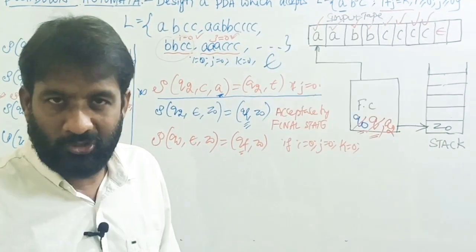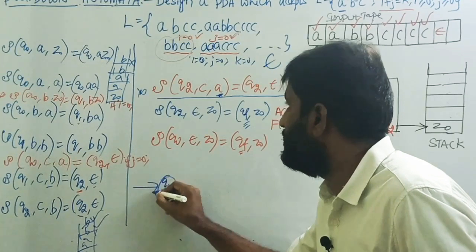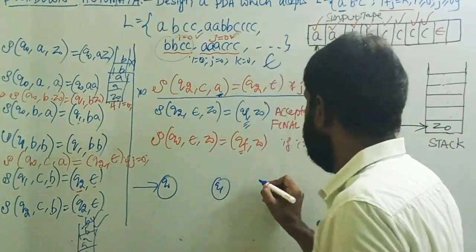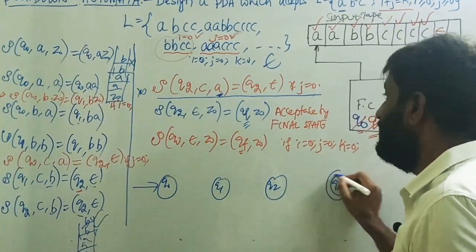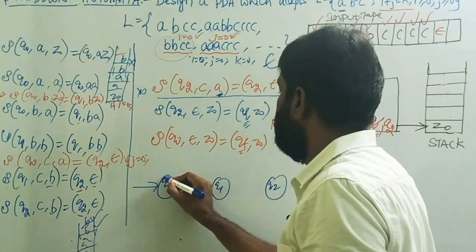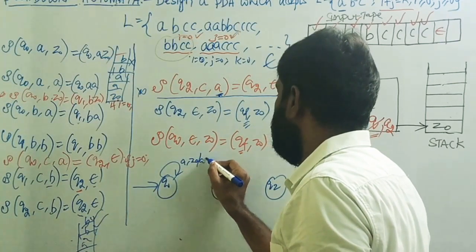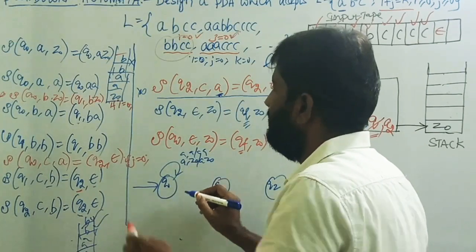Okay, then draw the graphical notation. State Q0 is the initial state, the next state we have Q1, the next state is Q2, and the last state is QF. So take them one by one. Q0 with A, Z0 is AZ0, this is a self state. A comma Z0 is AZ0. Then with A comma A it is AA.